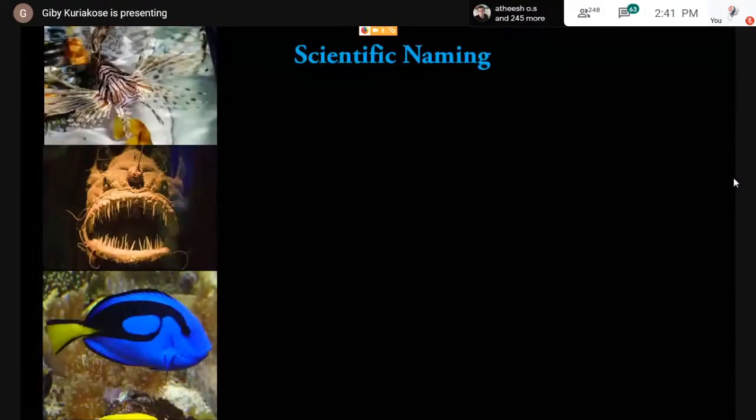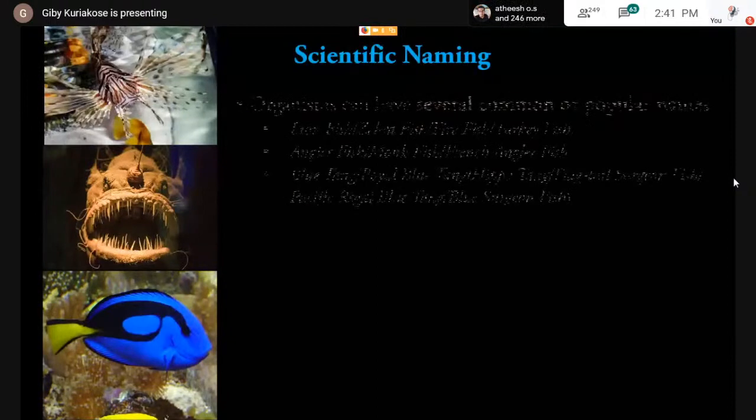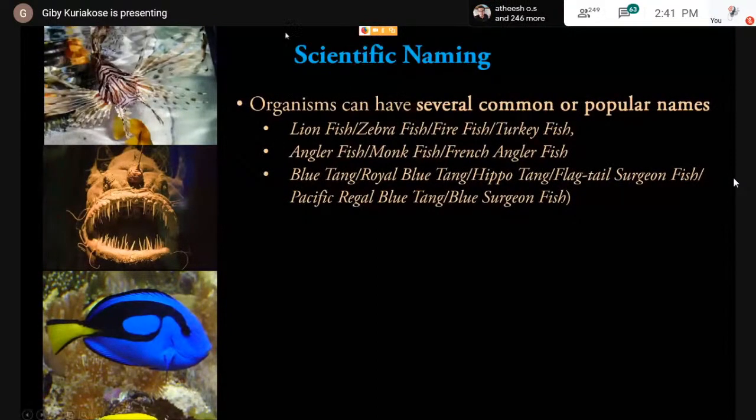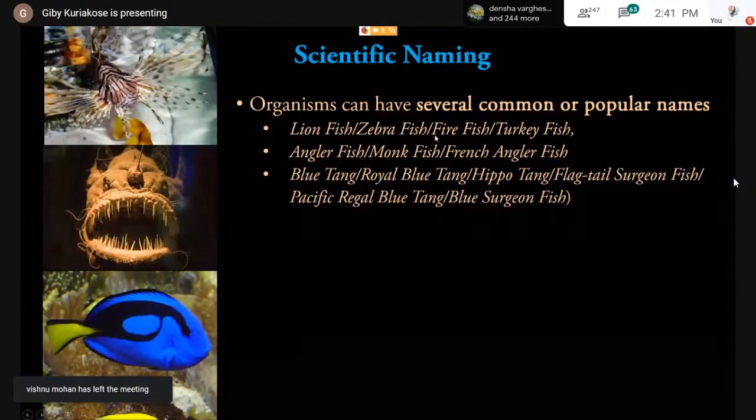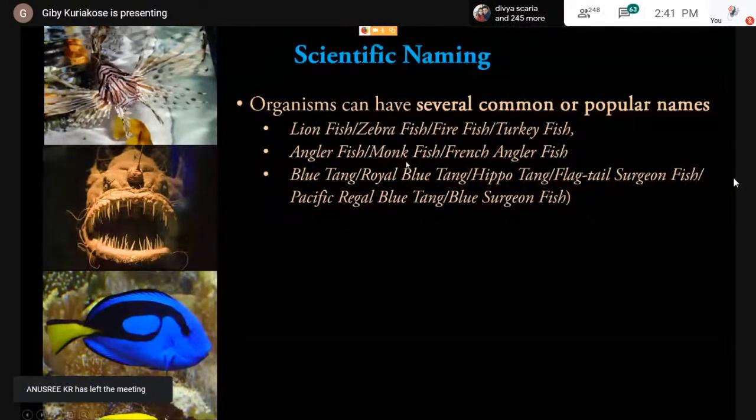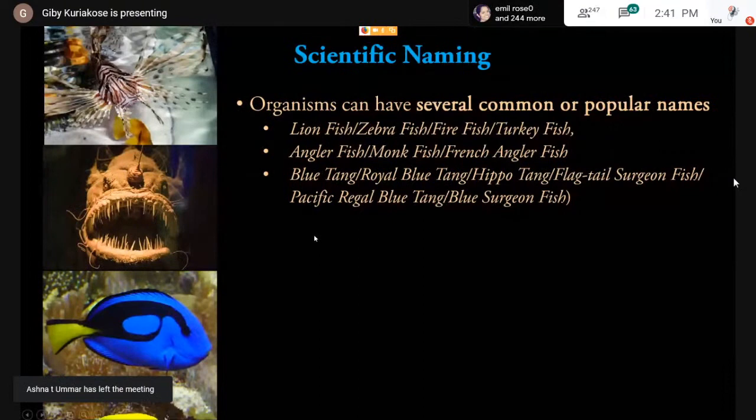Another thing is scientific naming. I hope that you know why scientific naming is important. Just a simple example, there are three fishes that I have shown here. The first fish is called a lionfish. In some other place it is called zebra fish, in some other place firefish, in some other place Turkey fish. The second one is called angler fish in some place, monk fish in some other place, French angler fish in some other place.